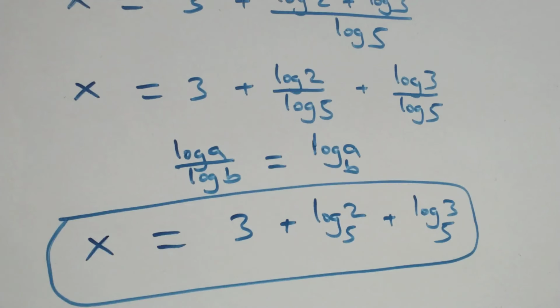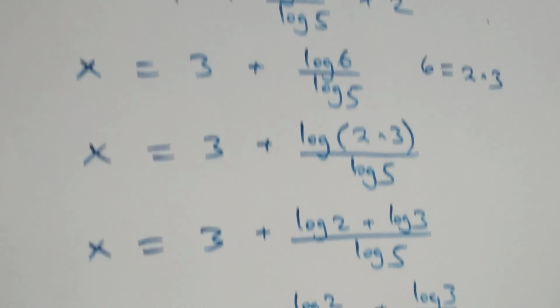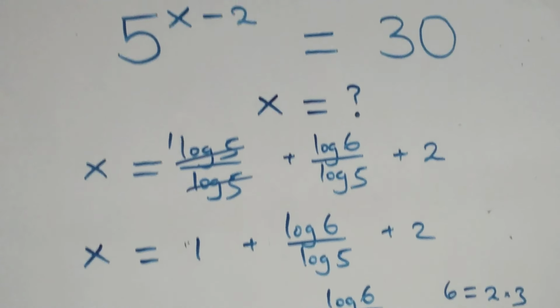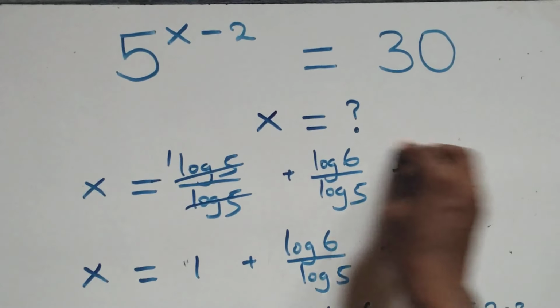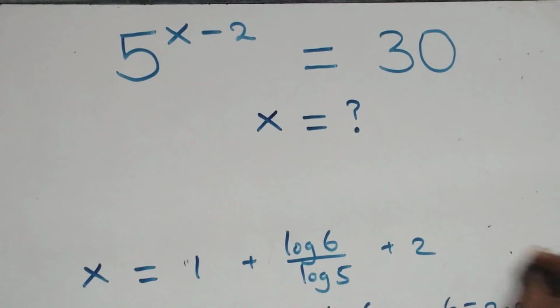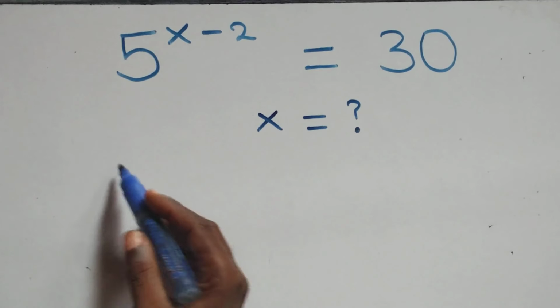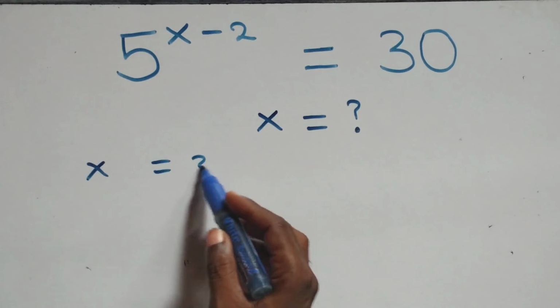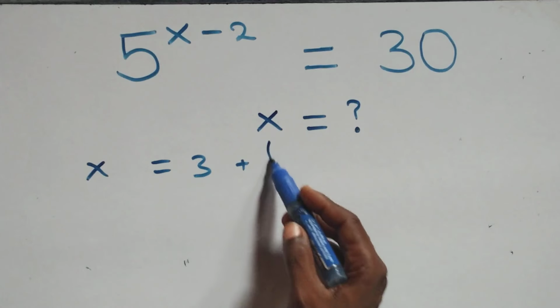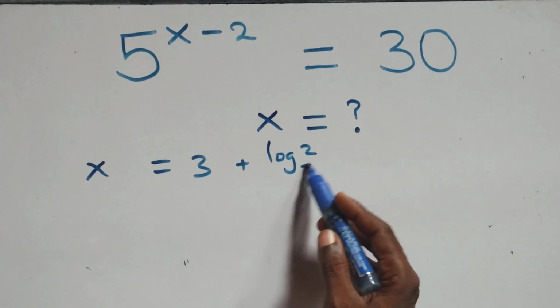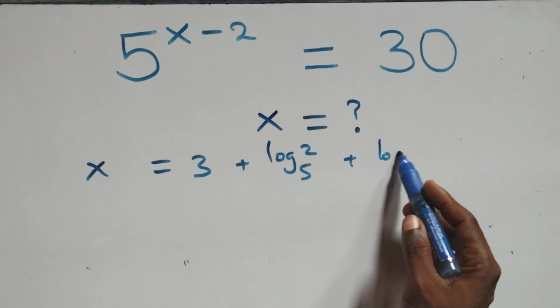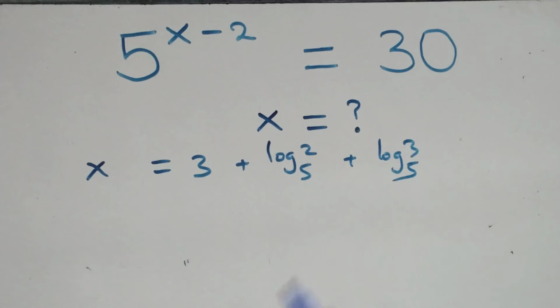Then let's check here if this satisfies the given equation, that is, we substitute the value of x here, which is x equals 3 plus log 2 base 5 plus log 3 base 5.